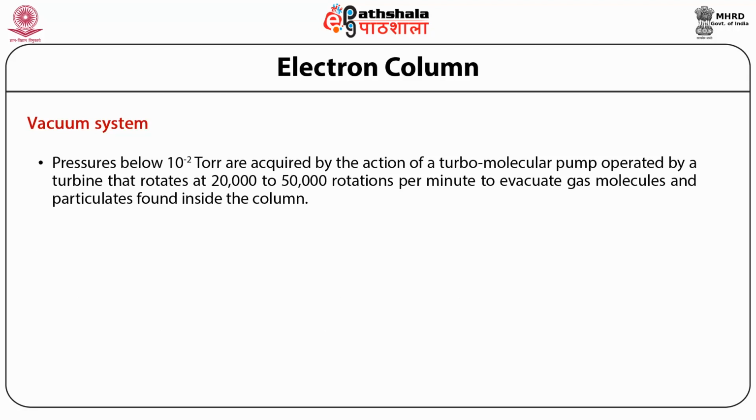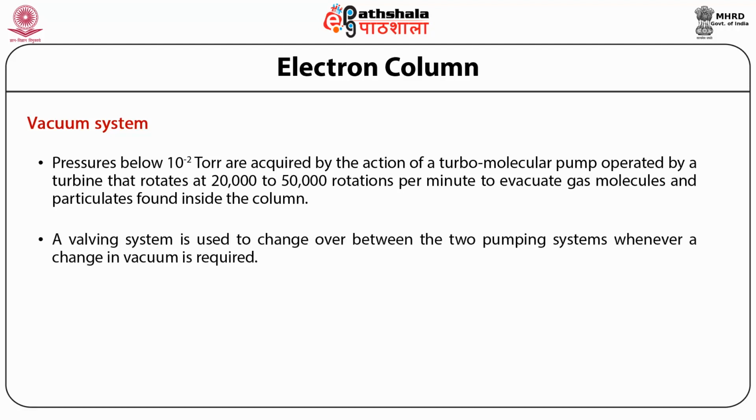Pressures below 10 to the minus 2 torr are acquired by a turbomolecular pump operated by a turbine that rotates at 20,000 to 50,000 rotations per minute to evacuate gas molecules and particulates found inside the column. A valving system is used to change over between the two pumping systems whenever a change in vacuum is required.